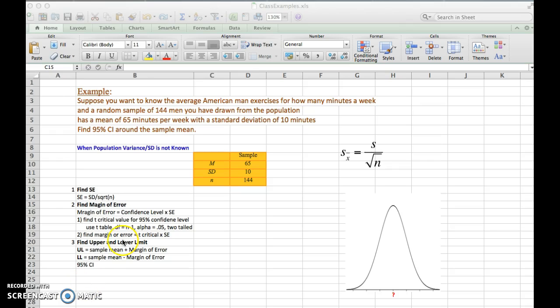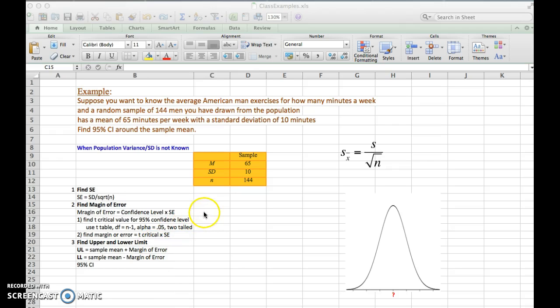Since we have only one parameter to estimate, the degrees of freedom is the sample size minus 1. Once we find the t-critical value associated with the 95% confidence level, we'll multiply that value by the margin of error. Then we'll find the upper and the lower limit.